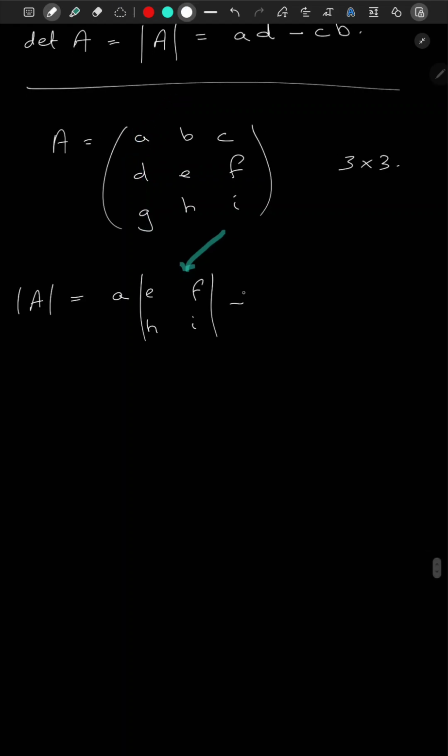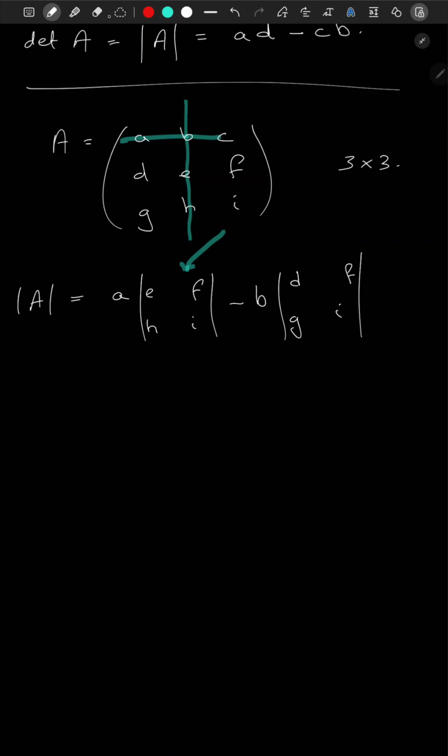So it is minus the second one after the A, which is B. Again, we eliminate the row and column of B, and therefore we are left with the determinant of D, F, G, and I.